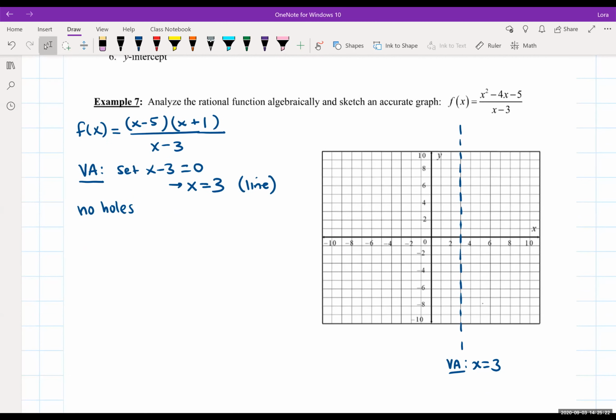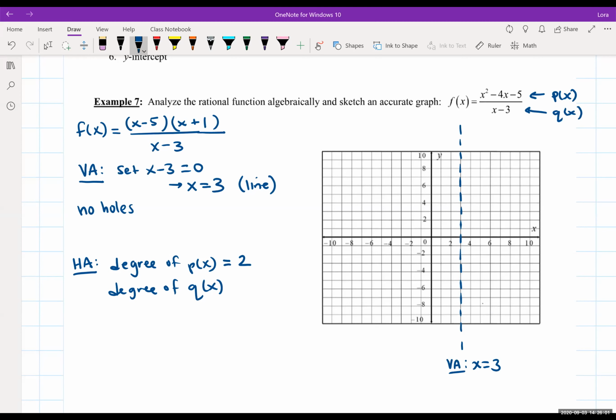When we're looking for horizontal asymptotes, we're going to compare the degree of the numerator to the degree of the denominator. I'll label my work to show you. I'm looking at the degree of p of x, and when we refer to p of x, we're looking at the numerator. It is equal to 2. Then we compare this with the degree of q of x, the denominator, and that's equal to 1.